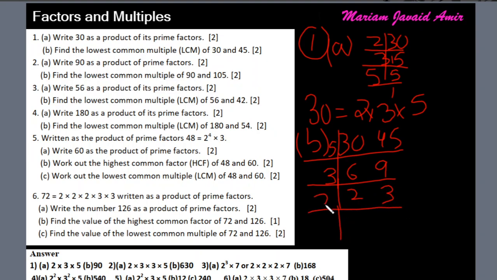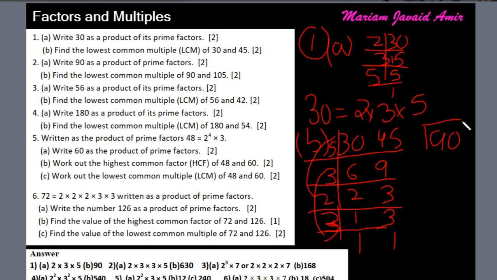Next we'll have to use 2, this will become 1, this will stay 3, and then again use 3, and this will become 1, and this will become 1 as well. So the LCM is 5 times 3 times 2 times 3. 5 times 2 is 10, 3 times 3 is 9, so 9 times 10 is 90. So answer for part B is 90.